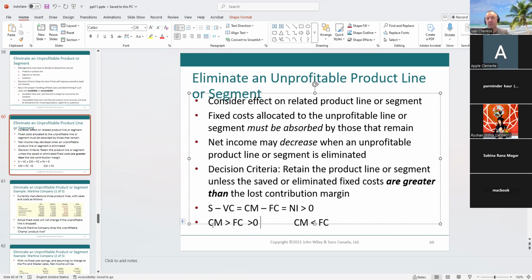When the contribution margin is more than the fixed cost. Correct? Yes. So if the contribution margin is more than the fixed cost, keep the product. Okay. What's going to happen if the fixed cost is more than the contribution margin now?